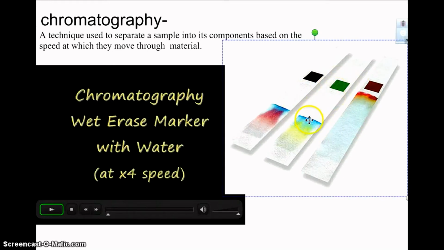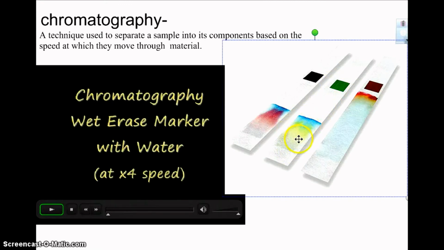A liquid solution moves across it, and once that liquid moves across the ink, the different colors that the green ink is made of separate out, because all of the different colors that it's made of travel at different speeds.